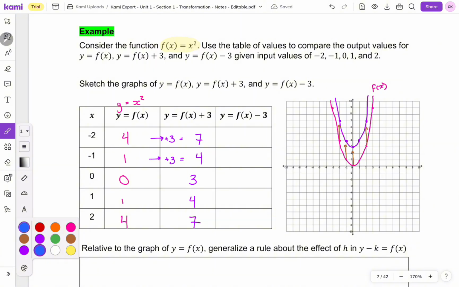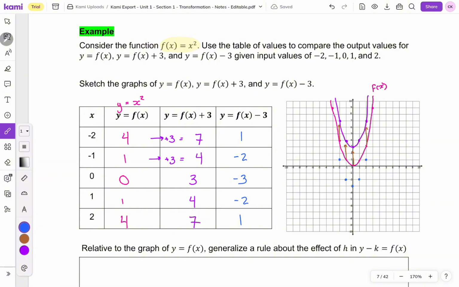Okay, let's look at our other one. Again, this goes to the original, so we're always going back to the pink column. Now I'm taking 3 away. So 4 minus 3 is 1. 1 minus 3, -2. -3, -2, 1. So this one's now down at -3, -2, 1.